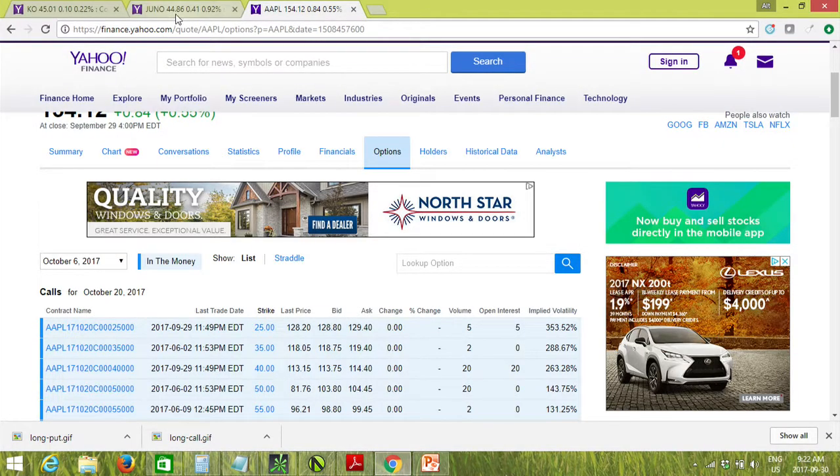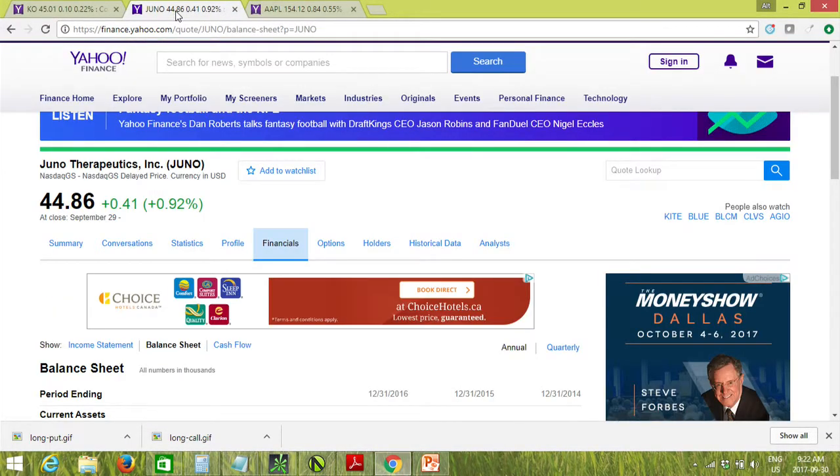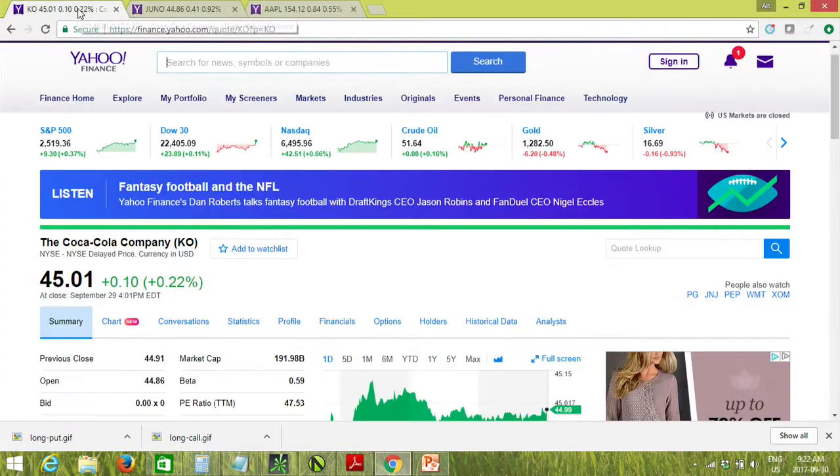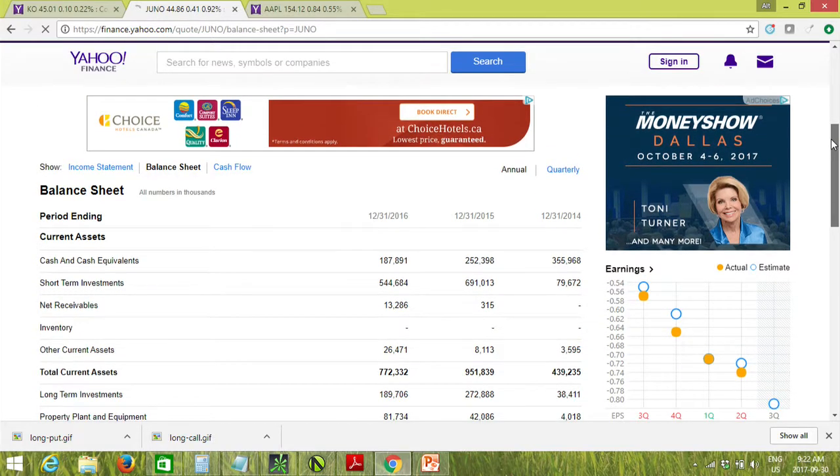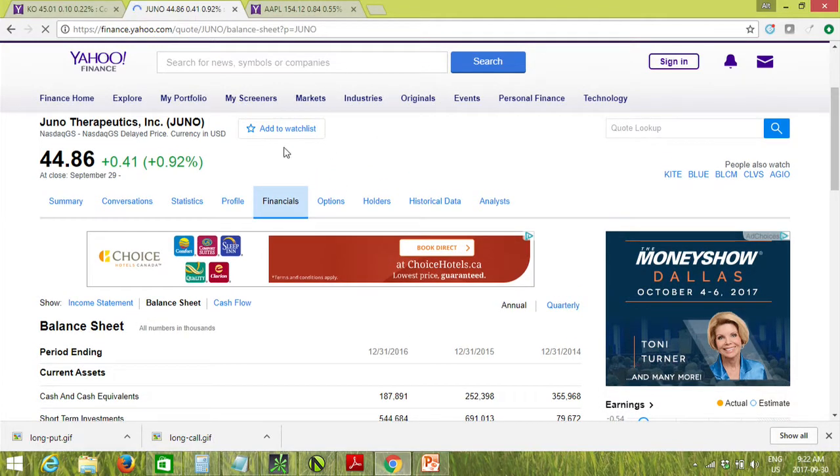So I'm just going to go to Yahoo Finance here. If we look at two similarly priced stocks, we have Coca-Cola at $45.01 and Juno Therapeutics. So Coke is obviously a blue chip, Dow Jones company, very stable. Juno Therapeutics is like a biotech, so there's going to be a lot more volatility in that.